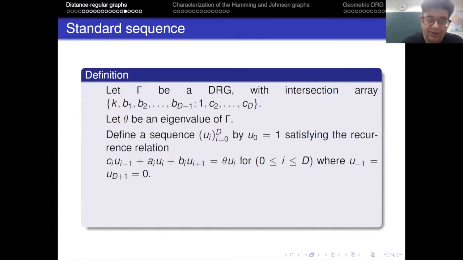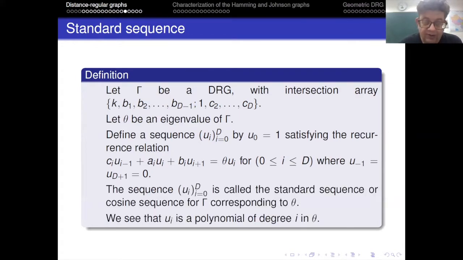Then we can define a sequence u_i for i from 0 to d by u_0 equal to 1, and that satisfies the recurrence relation c_i u_{i-1} + a_i u_i + b_i u_{i+1} = theta u_i for i from 0 to d, where we assume that u_{-1} and u_{d+1} are just 0.